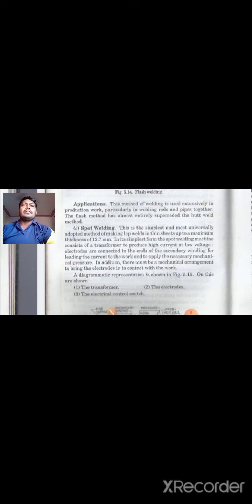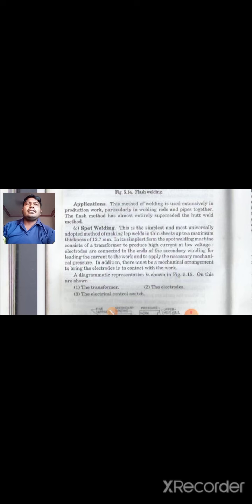The spot welding machine consists of a transformer to provide high current at low voltage. The electrodes are connected to the end of the secondary winding for leading the current to the work and applying the necessary mechanical pressure. In addition, there must be a mechanical arrangement to bring the electrodes into contact with or away from the work.